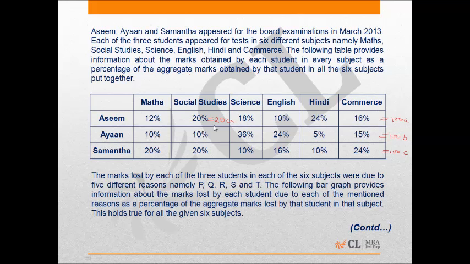In a similar way, if the marks obtained by Ayan in maths is 10B, then the marks lost by Ayan in maths will be 2.5B, that is 25% of 10B. Similarly, if the marks obtained by Samantha in English is 16C, the marks lost by Samantha in English would be 20% of 16C, that is 3.2C.